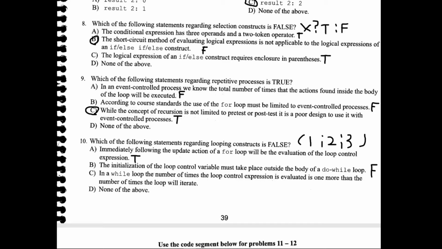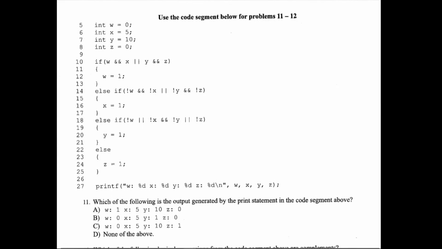So it will evaluate that control expression one last time, see that it's false, and then move on. So it will be n plus 1 times, where n is the number of times the loop will iterate. So this is true. And the answer is then B, because it's the only one that's false. All right, moving on.